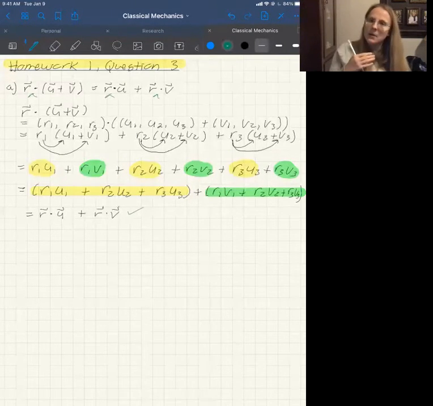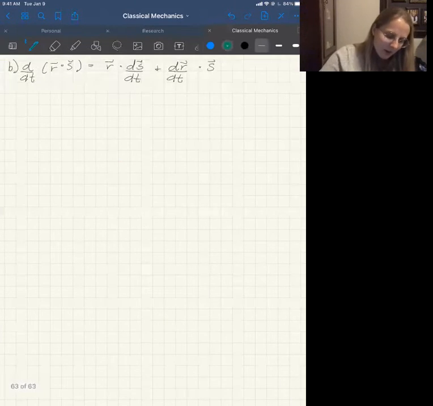There are a few other ways to prove this that don't involve breaking up into components, but I think this is one of the easier ways to do it. So moving on to part B.